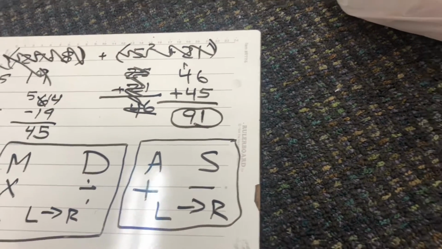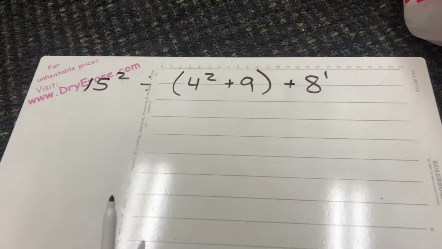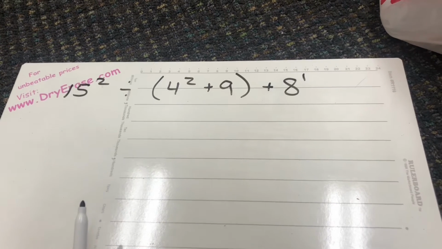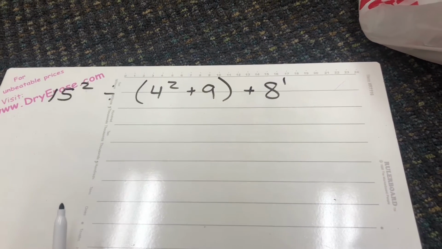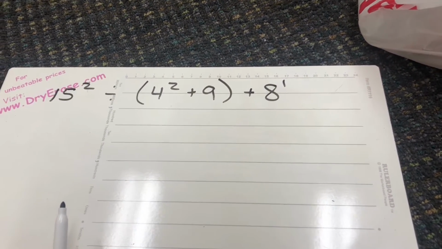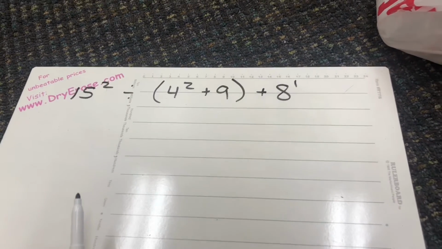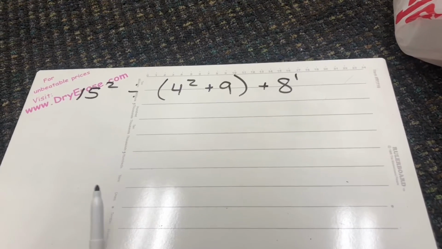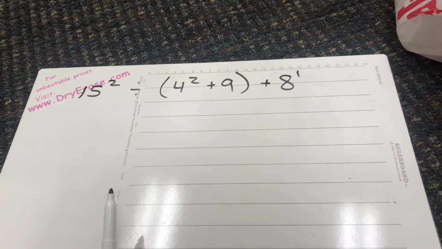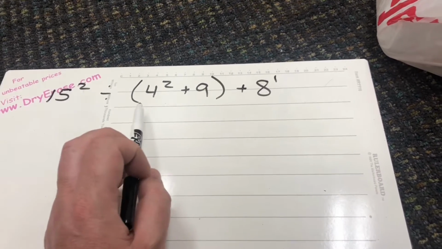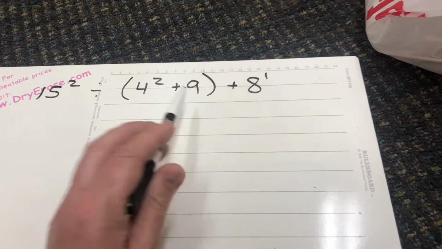All right, we're going to look at one more, just so we can have some confidence. 15 to the power of 2 divided by, in parentheses, 4 squared plus 9, plus 8 to the power of 1. Well, first of all, remember it's parentheses first. So here I have parentheses, 4 to the power of 2 plus 9.